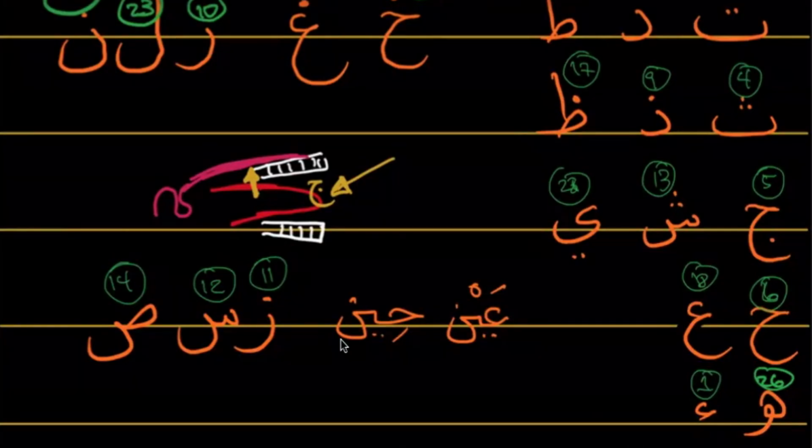Similar to Zai in this way is the letter Zal. Zal also has some blockage. It's not a free flow of air. When you say Zal, there's obstruction there, blocking some of the air.